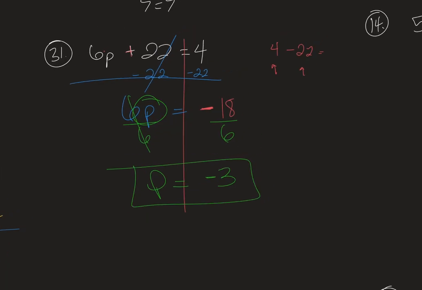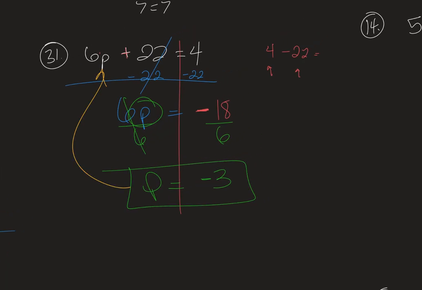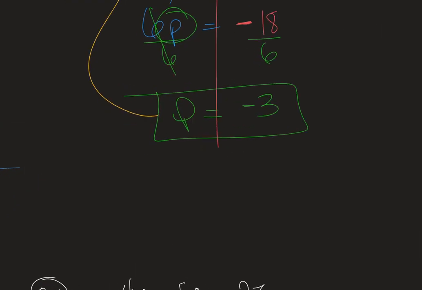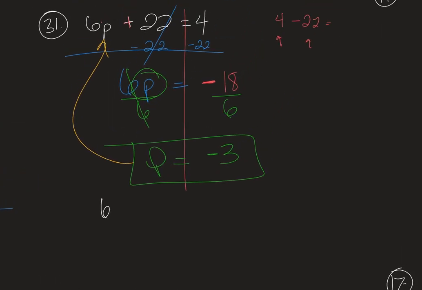So we're going to plug that in right here, see if we can confirm. 6 times negative 3. When we add 22, we want to get 4.